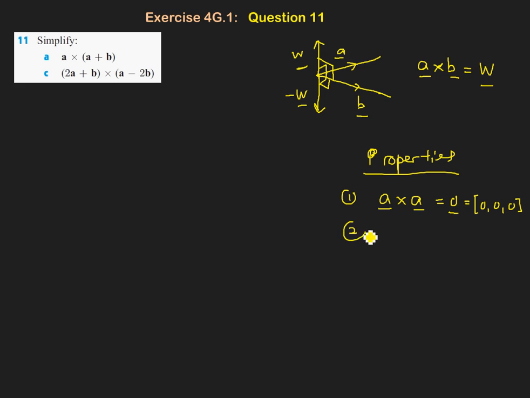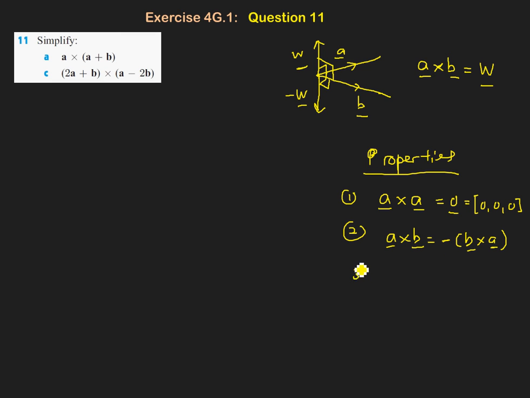The other property is that A cross B is equal to negative B cross A, because the resulting vector W could be pointing in this direction or the other direction. When you perform cross product, the order in which you put the vectors is very important, so when you switch the order, you have to add the negative in front.